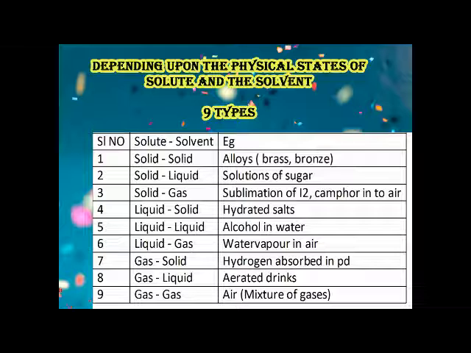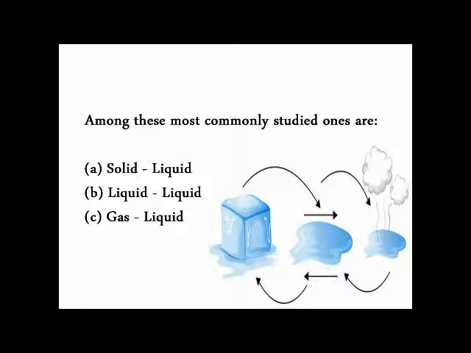Likewise, liquid in solid, liquid in liquid, liquid in gas, gas in solid, gas in liquid and gas in gas. These are the 9 types of solution based on physical states. Among these, the most commonly studied ones are solid in liquid, liquid in liquid, and gas in liquid.